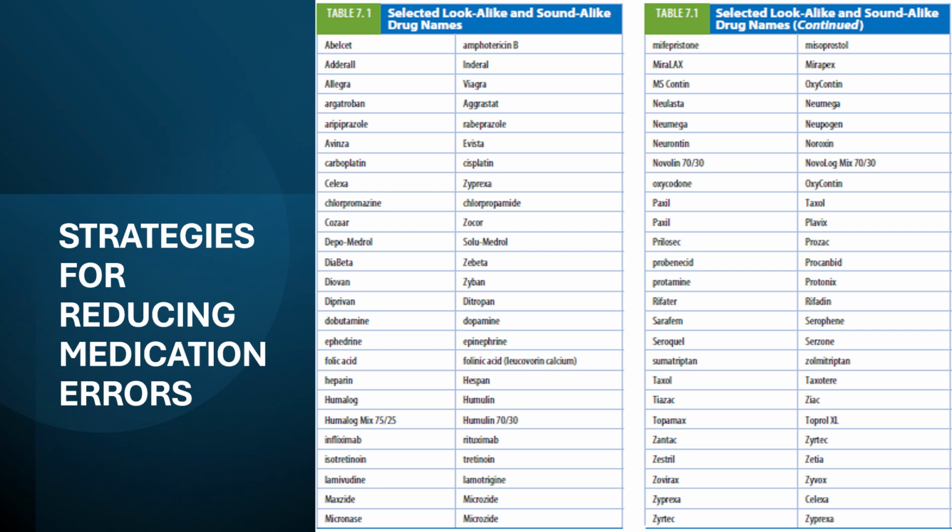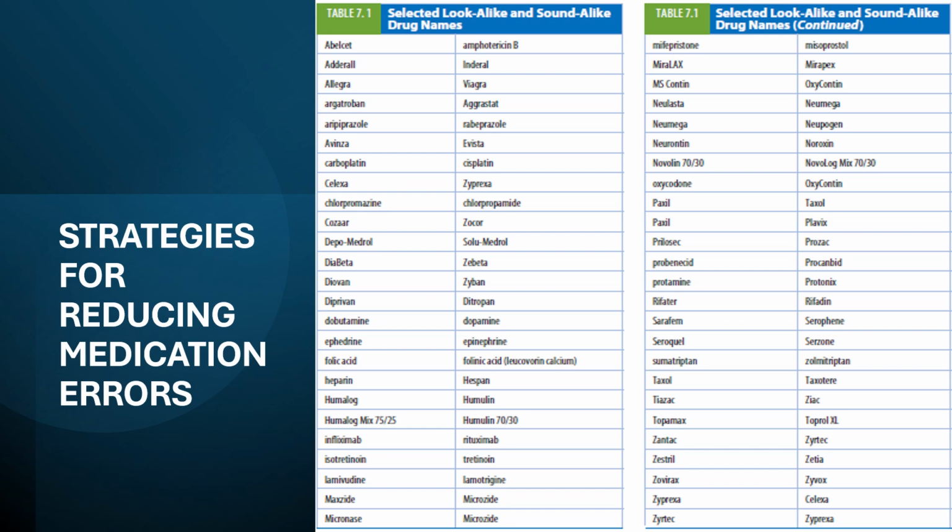Number 3, implementation. Eliminate potential distractions during medication administration that could result in an error. Noise, other events, and talking to co-workers can distract the nurse's attention and result in a medication error.